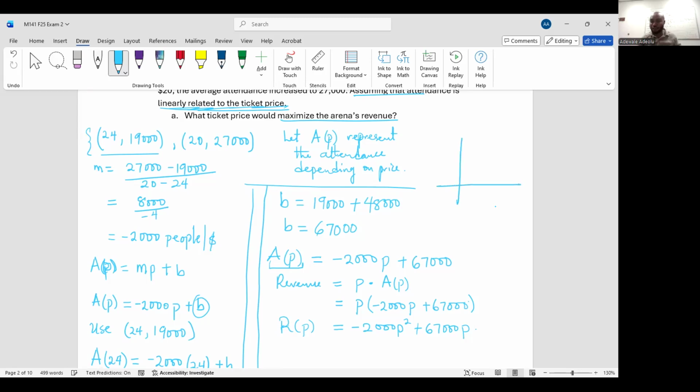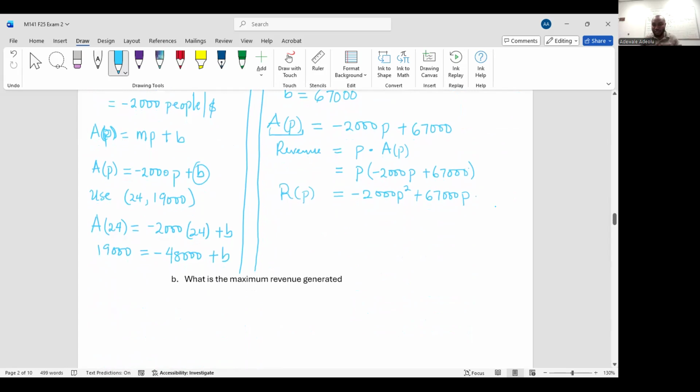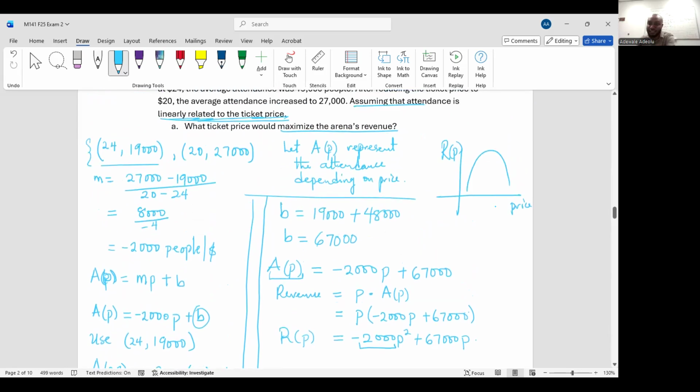That is, I'm graphing revenue against price, and I expect to have this shape. How do I know? Because this is negative, so I know it is going to behave that way. At this vertex, the input is P, the output is revenue. So that is my vertex.